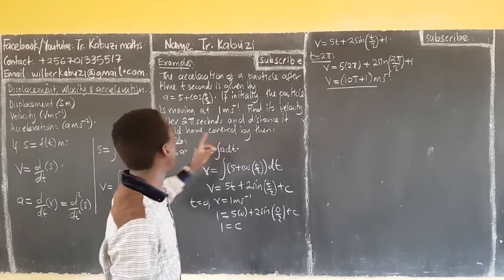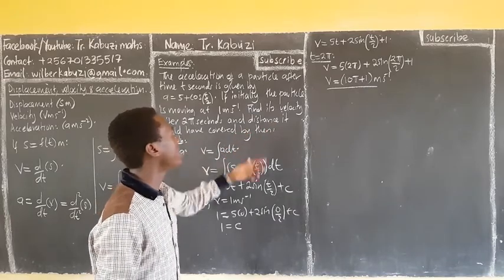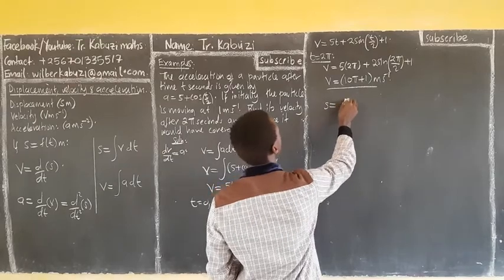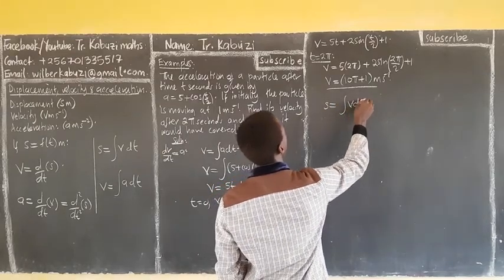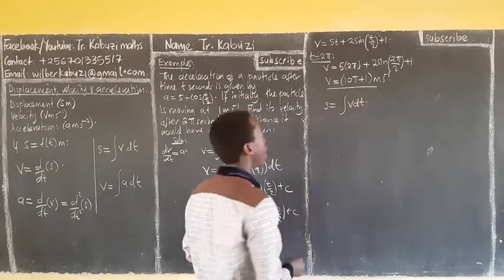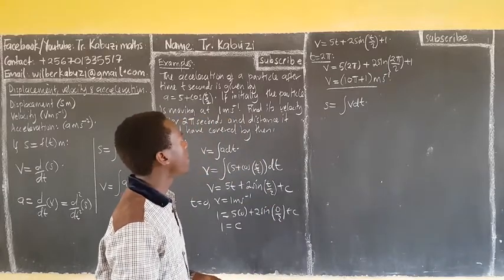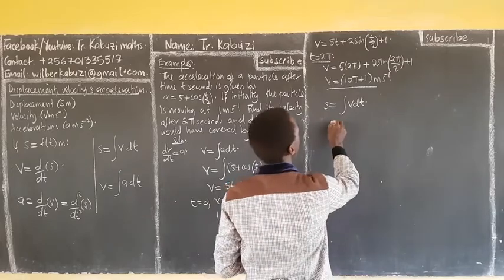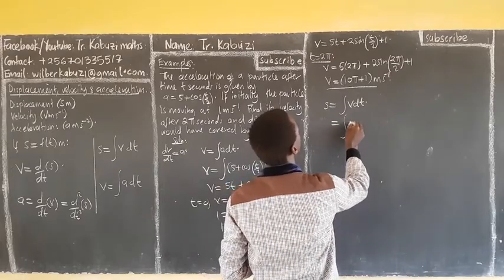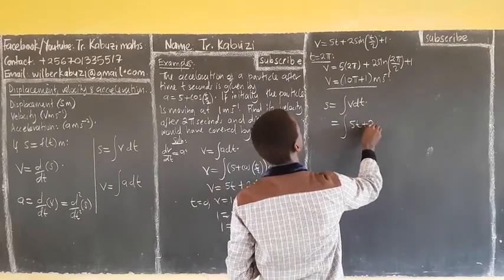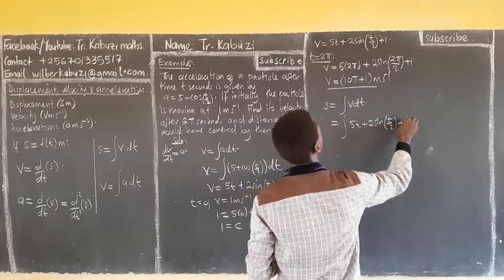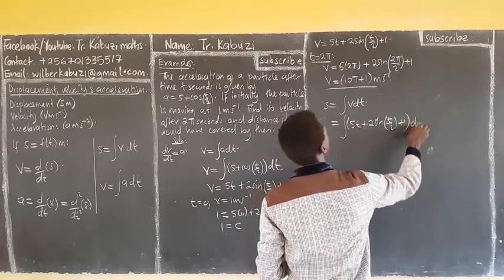And the distance it would have covered by then. Our distance is given by the integral of the velocity expression. So now our velocity expression is here. So this will be the integral of 5t plus 2 sine of t over 2, then plus 1, the whole with respect to t.